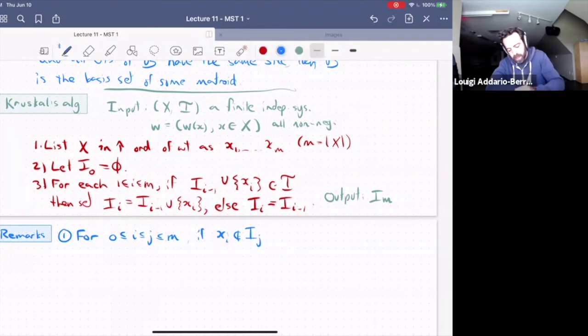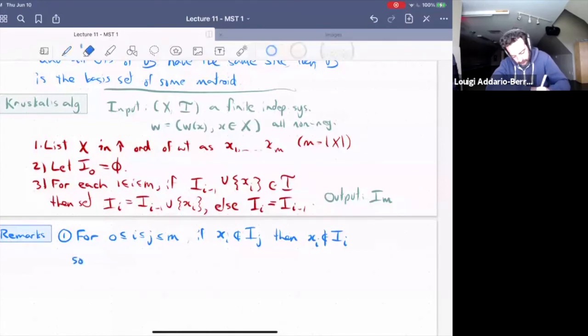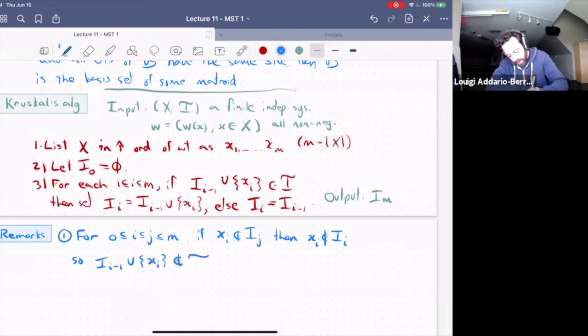Then, because this is an increasing sequence, it also isn't in Ii. So why does an element fail to get added? That means that adding it would have broken the independence property. If we take Ii-1 and add xi, we leave the collection of independent sets.